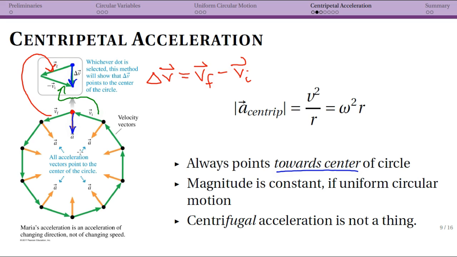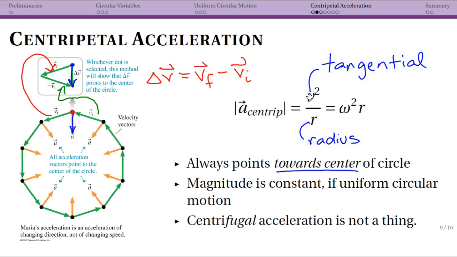The magnitude is given by v squared over r, where v is effectively the tangential speed, since we don't have the vector symbol, just the speed. And r is the radius of whatever circle it's moving in. And again, right now we're thinking about uniform circular motion, though this does extend to other types of circular motion.